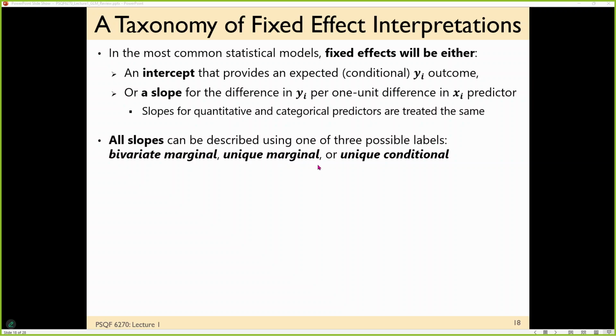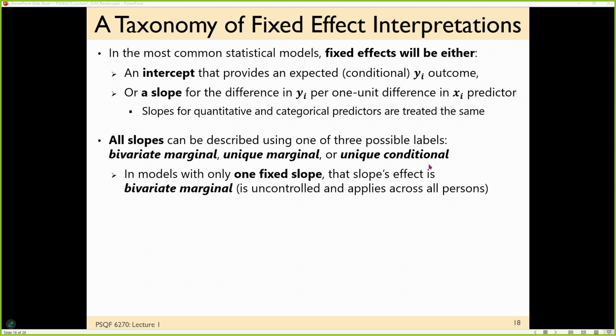So all slopes can be described as one of three kinds. If you have a model with one slope in it and that's it, so x predicts y with one slope, the end, I would think about that slope as reflecting the bivariate and marginal relationship between these two variables.